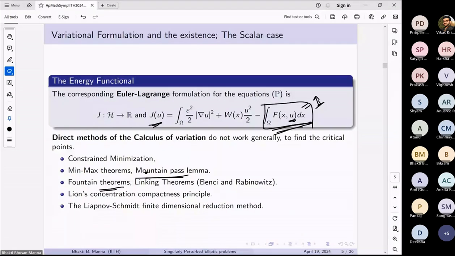Okay, and then there is the concentration compactness phenomenon: when this kind of result fails, sometimes concentration compactness and compensated compactness techniques work. And in the result we are going to discuss today, we shall use the Lyapunov-Schmidt finite dimensional reduction. This is also a very useful technique, I would say, and it can solve a lot of problems.